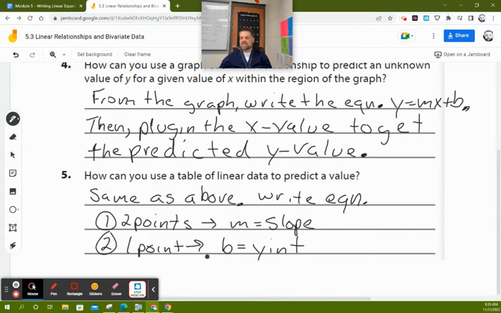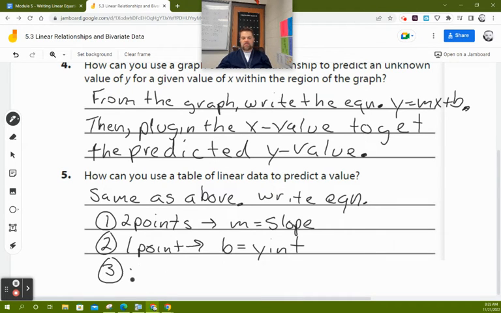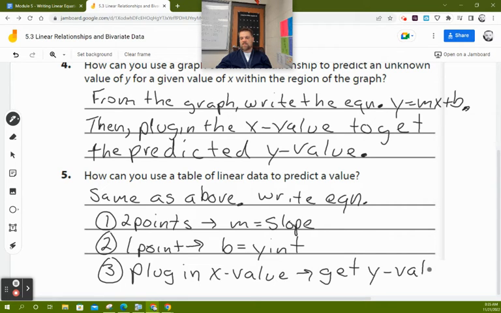And then what's the last step for making predictions? Yeah, we plug in an x value. And we get a y value. Does that make sense? All right, we're almost done.